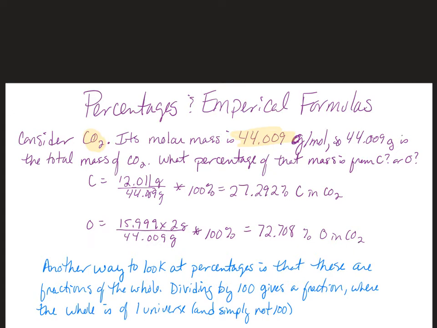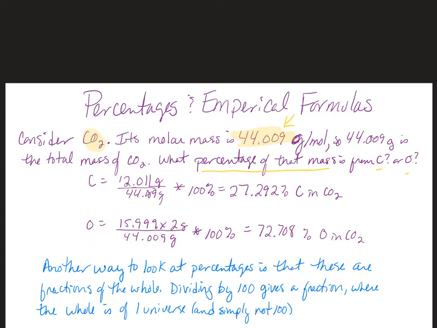So if that's the case, the question is asking you what percentage of that mass is from carbon or from oxygen. So if this is my total, I just need to figure out how much of that mass is from carbon. That's one problem, by the way. And the second question is how much is from oxygen.